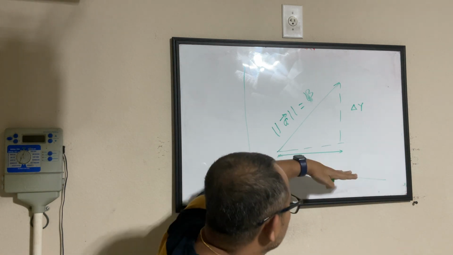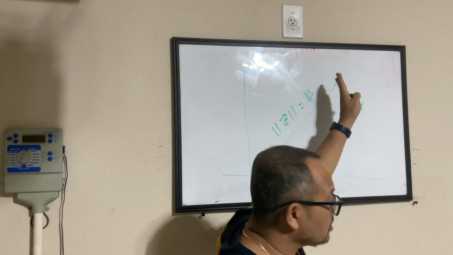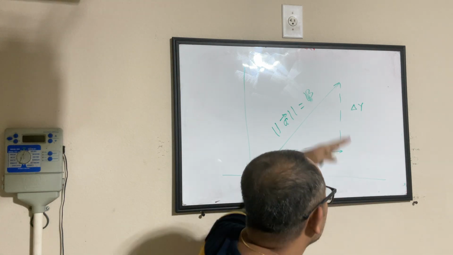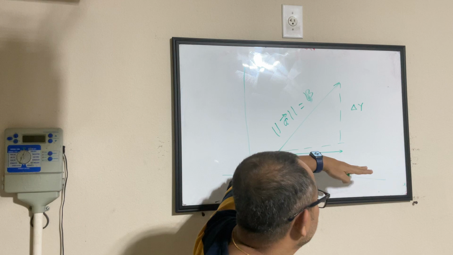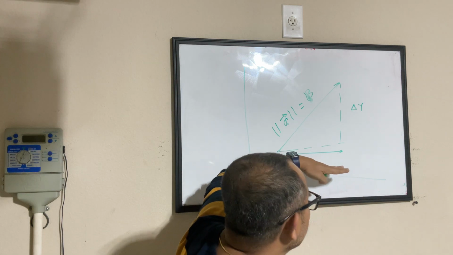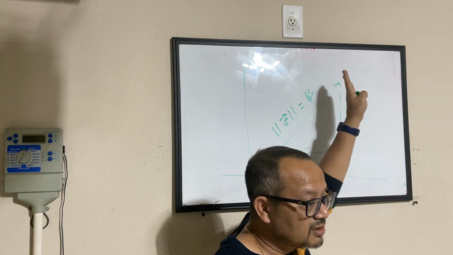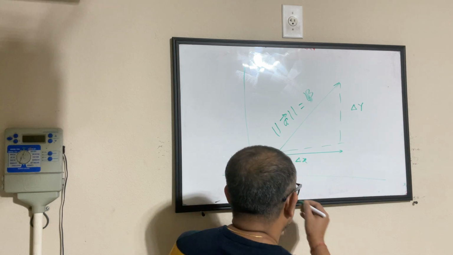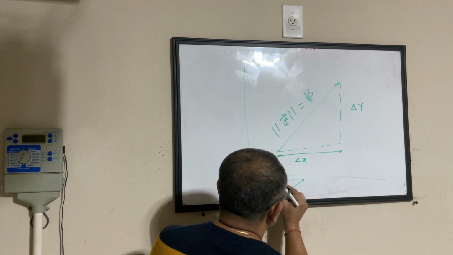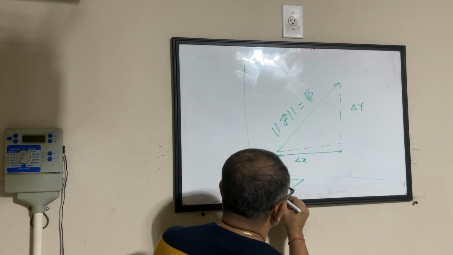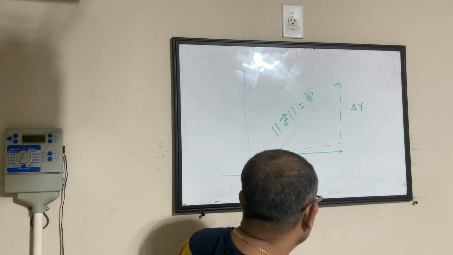So this is my horizontal component, and this is my vertical component. Any vector that you pick up, you can always split into two elements: the displacement along the x coordinate and the displacement along the y coordinate. Even if your vector is here, this is my displacement along the x-axis, and this is the displacement along the y-axis or y-coordinate.